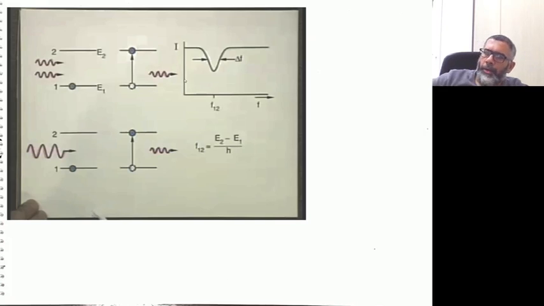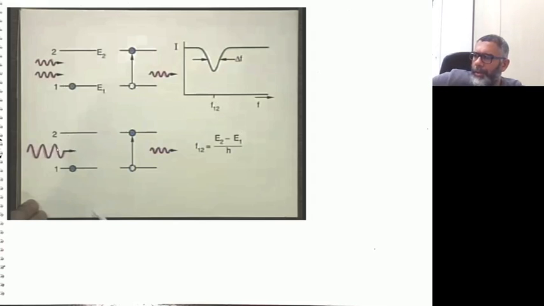Okay, so as soon as you see a dip, that means there are atoms in the medium that absorb that frequency of photons. So you certainly know which atoms are in the medium, or which frequency photons are absorbed in the medium. All right, so this is the wave picture.